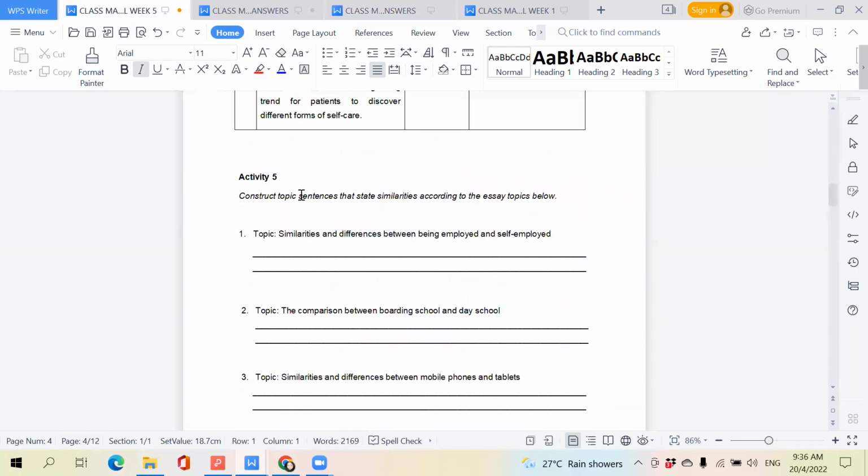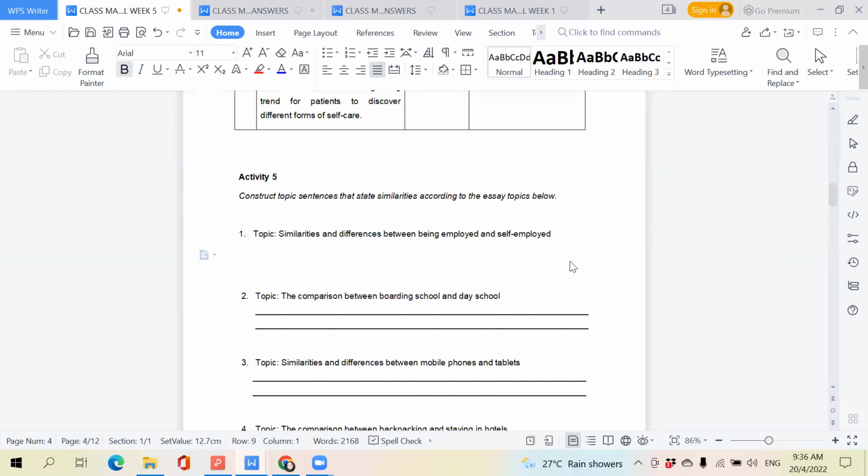Okay. The topic given is similarities and differences between being employed and self-employed. So first things first, identify the components that need to be in your topic sentence. Where is the topic?